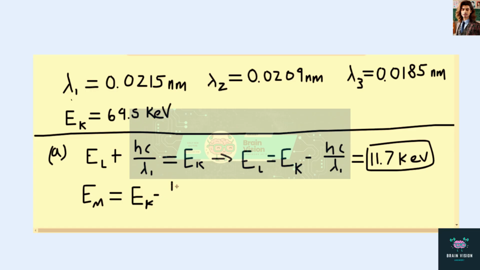So this is E sub K minus hc over lambda 2. Plugging those values in, we find E sub M is equal to 10 times 10 to the third electron volts, or 10 keV.